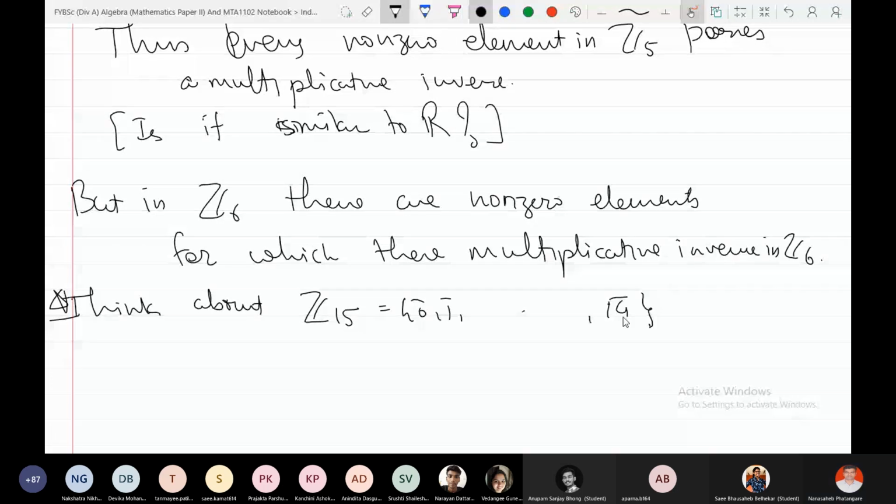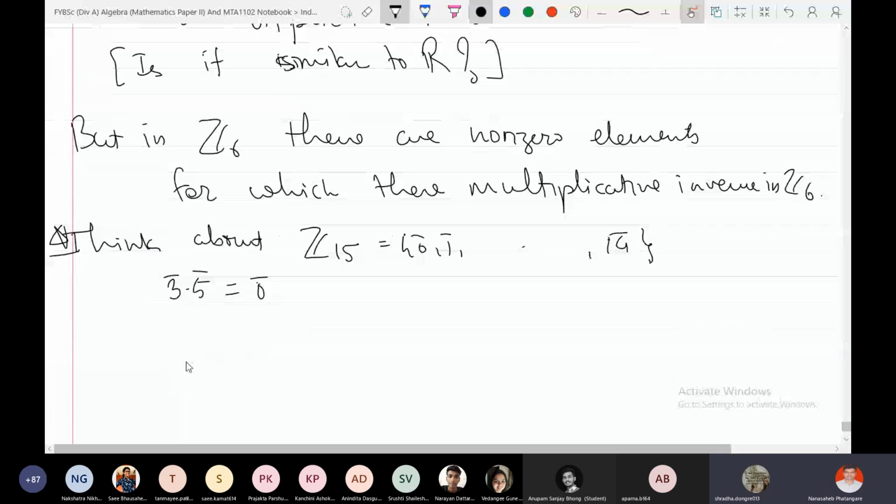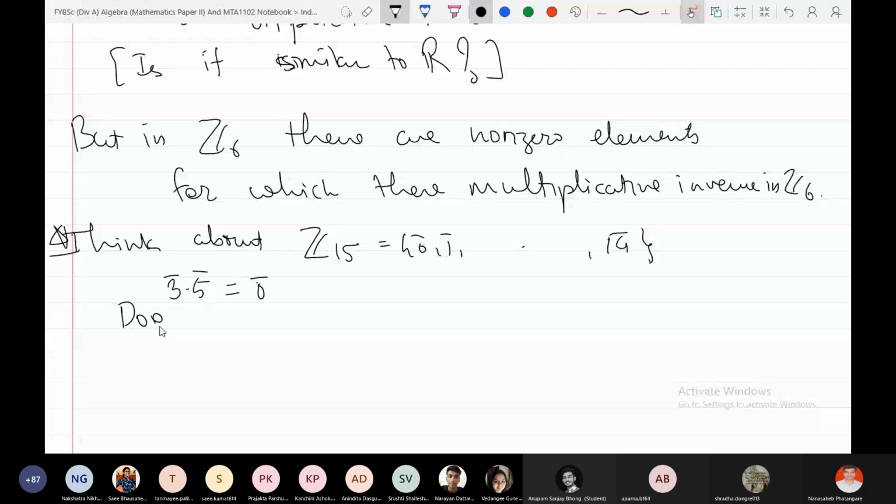Now, what is 3 bar into 5 bar in Z15? 0 bar. And thus does 3 bar have a multiplicative inverse? No. Thus 3 bar does not possess a multiplicative inverse.